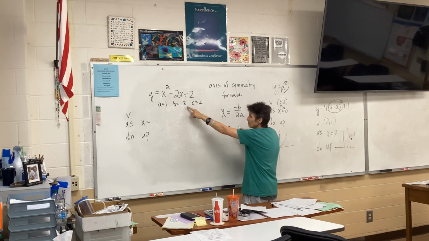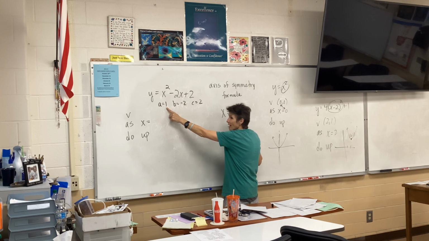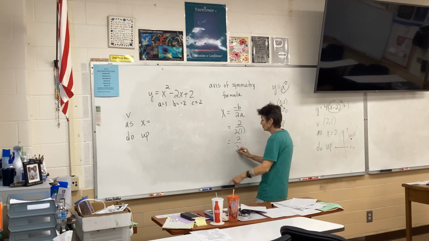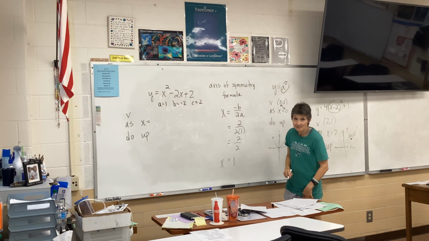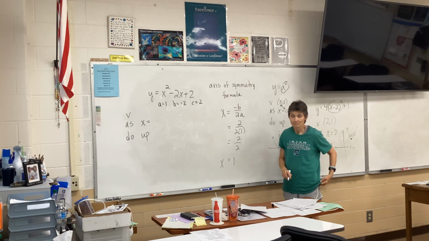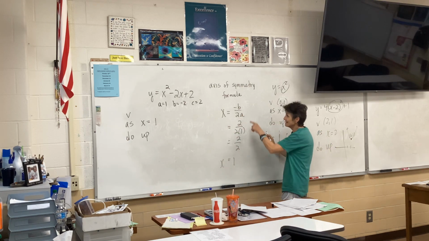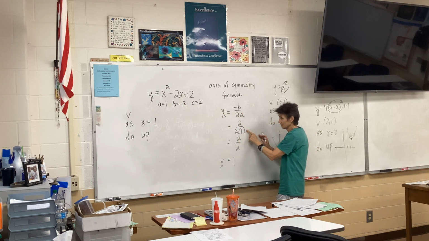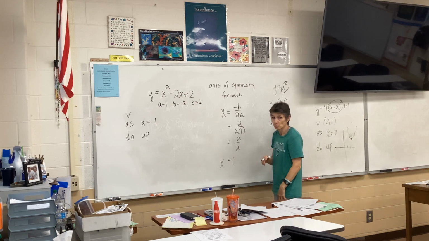Negative b would be 2, over 2a would be 2 times 1, which is 2. So my axis of symmetry is x equals 1. My axis of symmetry is negative b over 2a. Do the arithmetic, it comes out to be x equals 1.